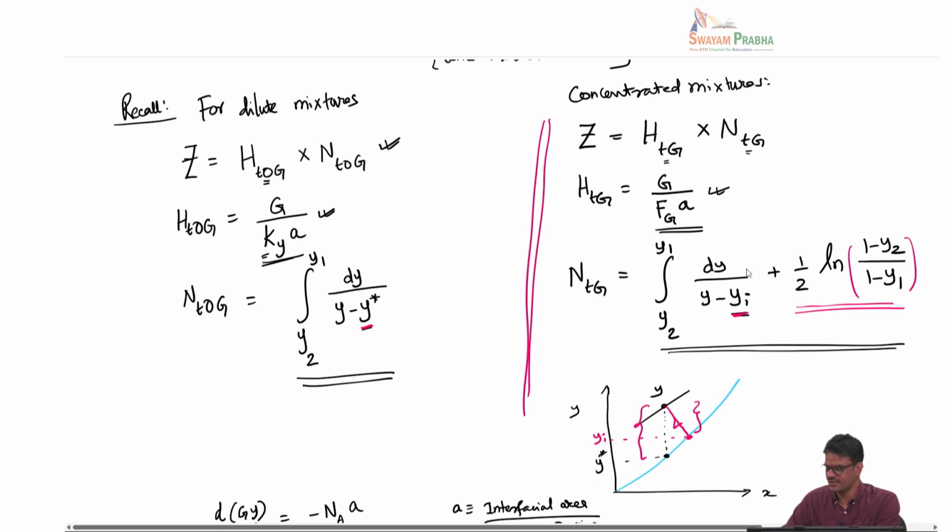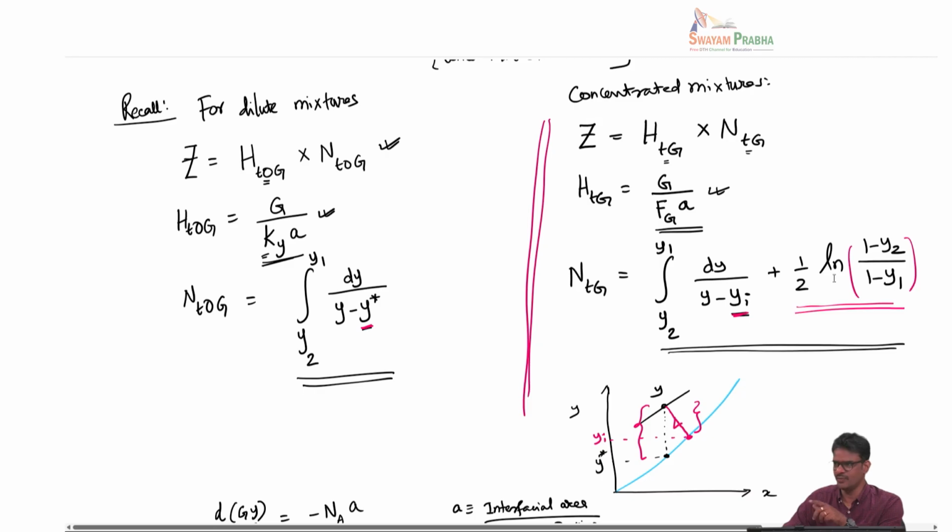Okay, so that's what you will see. The approximation I am going ahead with is to get this in a form similar to this, except that instead of the equilibrium concentration, I will need the interfacial concentration, and then there is an additional term. Okay, so I am trying to write the general expression in this way by making one assumption, but that assumption is not a very necessary assumption.